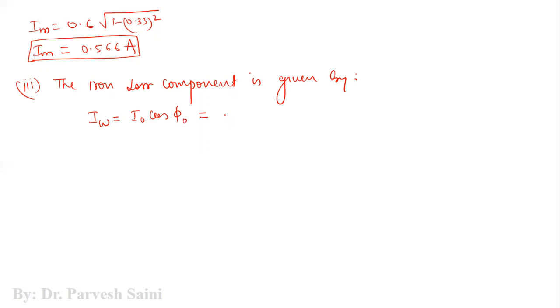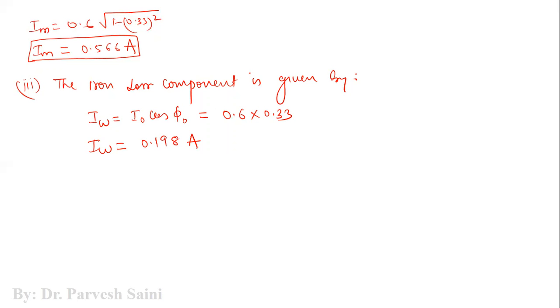So it is equal to 0.6 into 0.33. So Iw is equal to 0.198 ampere. So this is the answer.